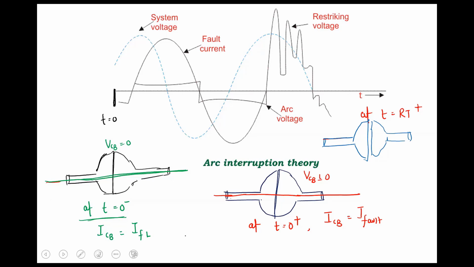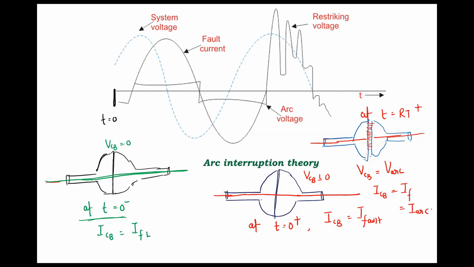Again, what is the current flowing through them? It is the fault current, and this fault current flows in the form of an arc between the fixed and moving contacts. Here some voltage is developed. The voltage across the circuit breaker is the arc voltage, V arc, and the current through the circuit breaker is the same fault current in the form of arc current.